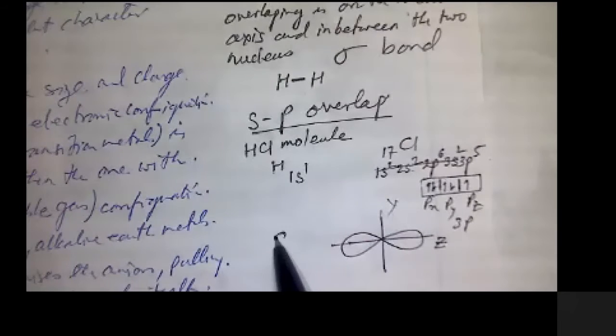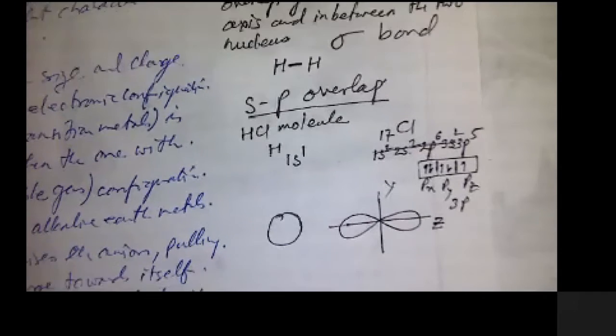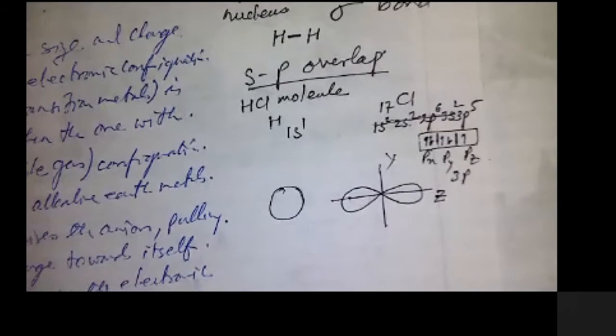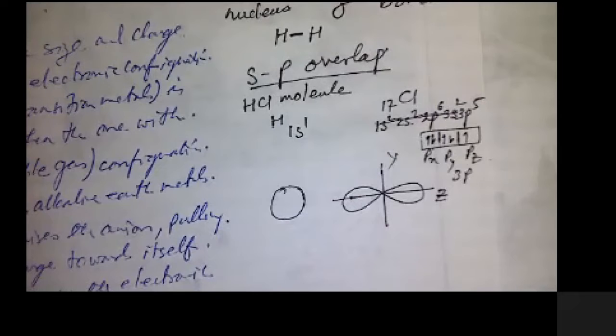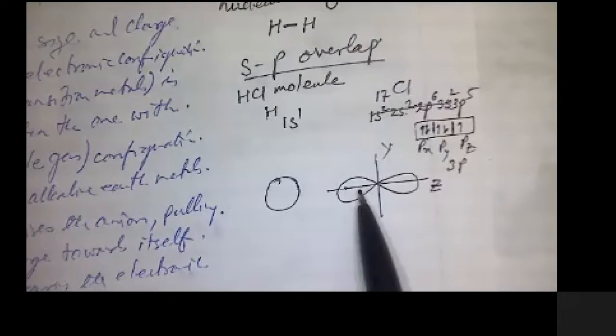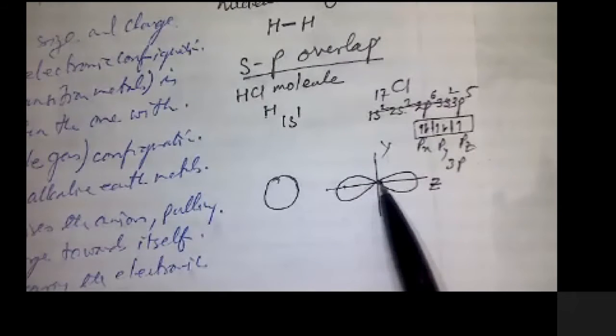And here, S does not have any direction. So for S, it is not a problem, but for P, there's a particular direction. So what will we do now? This has to overlap. Now when it overlaps, you can see these things. What are they called?